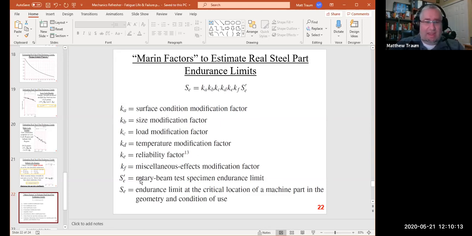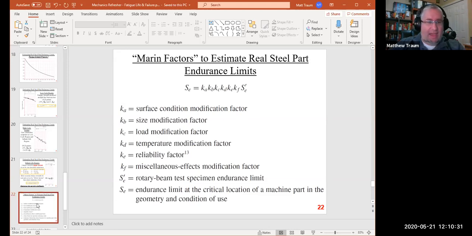And so you take the S prime E that you calculated using the rotary beam test specimen endurance limit, which we've already talked about. You multiply through all of the relevant Marin factors, and you get the endurance limit for the actual part.